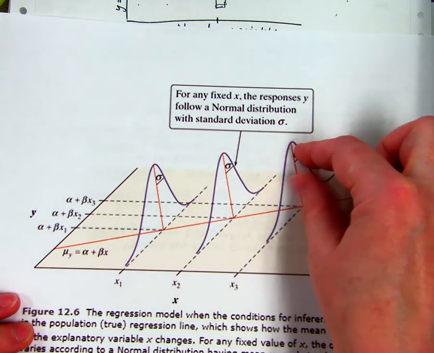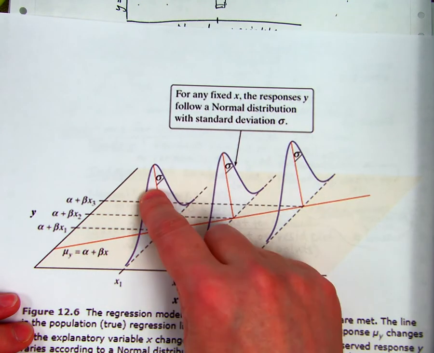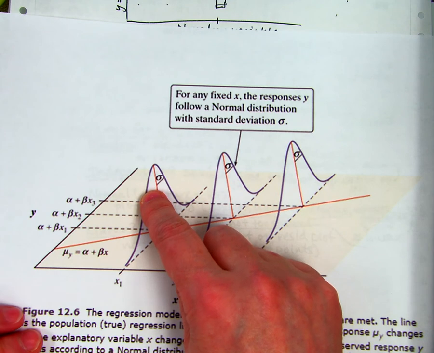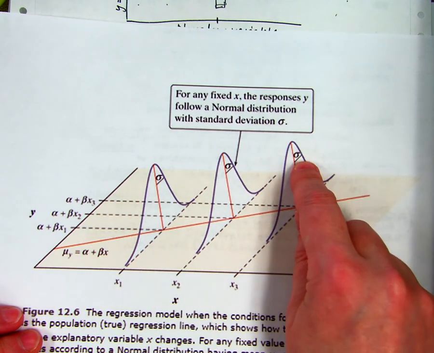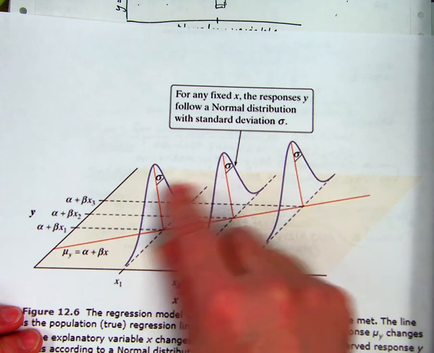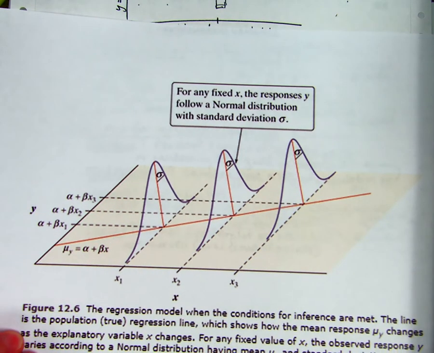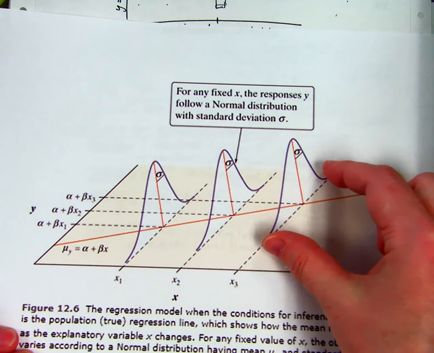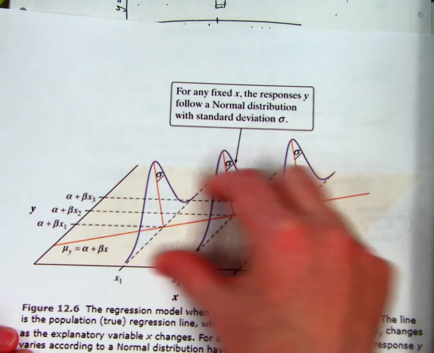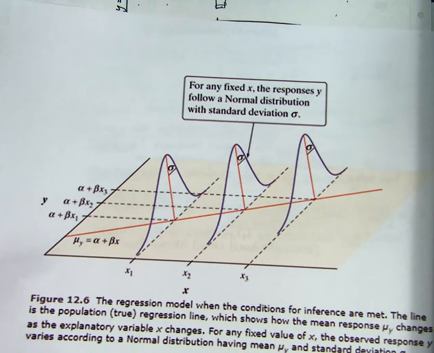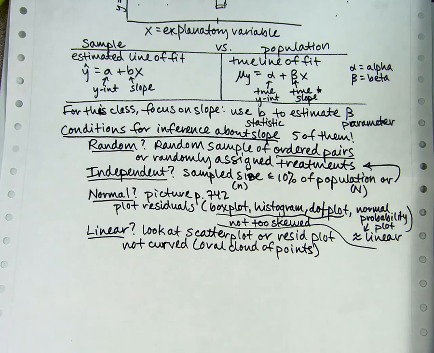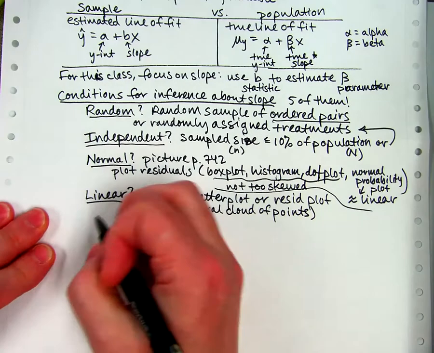And that sigma is the standard deviation of the residuals, which we've talked about as S before. Sigma is the parameter, and S is the statistic, similar to beta and B or alpha and A. But the idea is these normal curves need to be about the same width or about the same spread on all of them. And so that last condition is called equal variance.